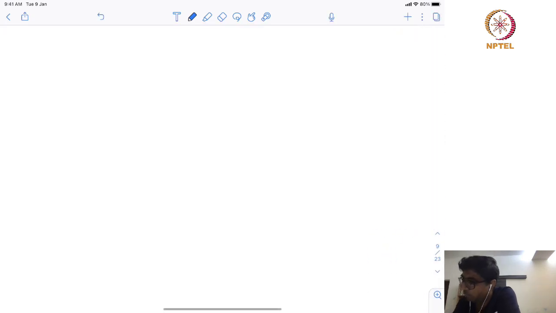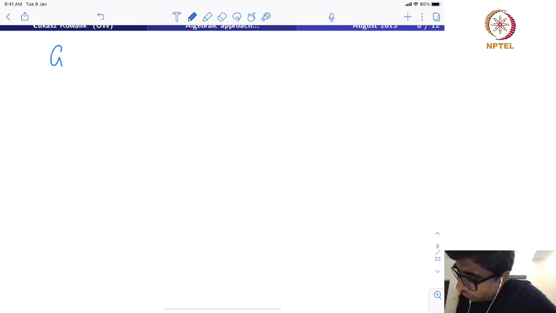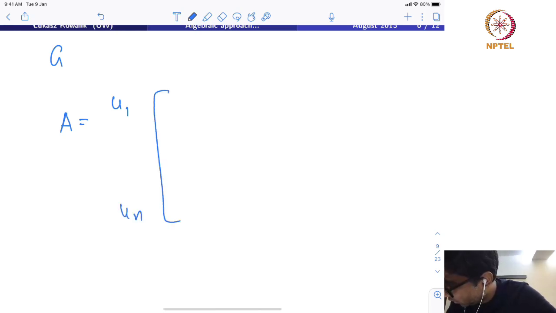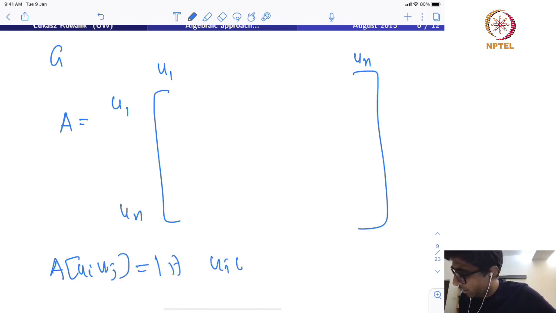So, what it says is: look at the adjacency matrix of a graph G. So, what is an adjacency matrix of graph G? A ui uj is 1 if ui uj is an edge.